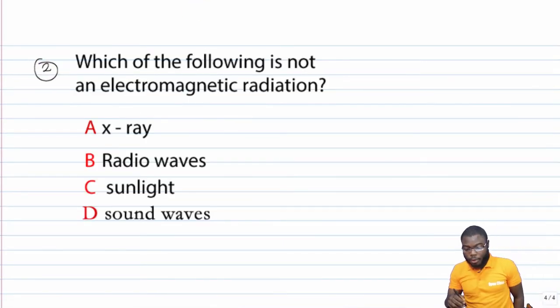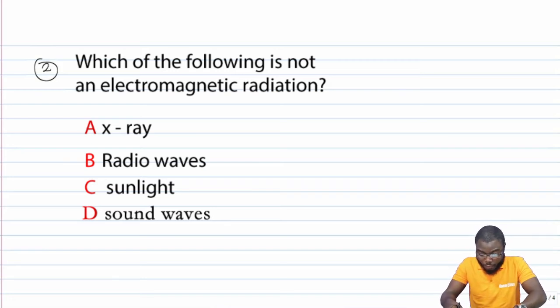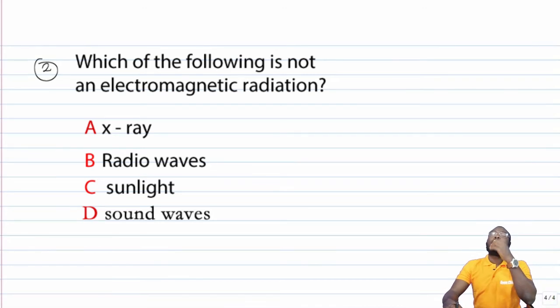Question number 2 says, which of the following is not an electromagnetic radiation? We're given options: X-ray, radio wave, sunlight, sound wave. Simply, sound wave is not an electromagnetic wave; it's a mechanical wave, because it requires a material medium for its propagation.